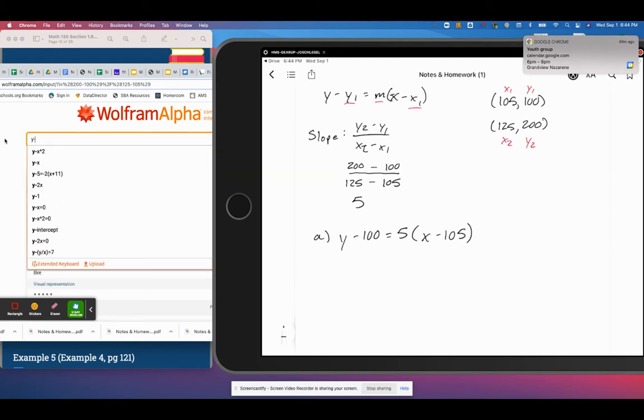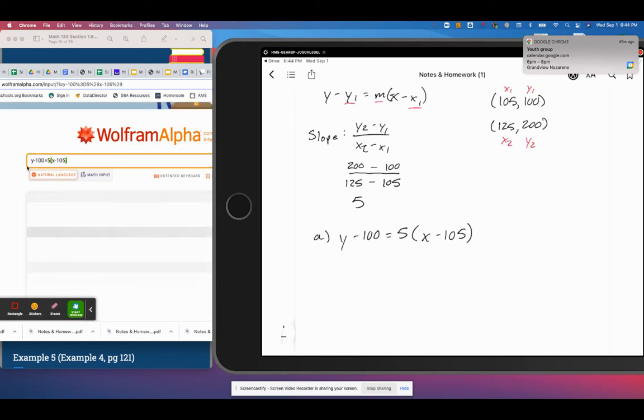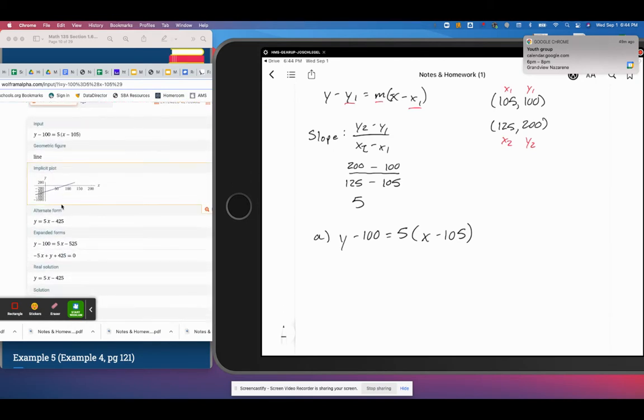So we will have y minus 100 is equal to 5 times x minus 105. Going down to alternate forms, that's what we're looking for to get our slope-intercept form. This is going to be y equals 5x minus 425.